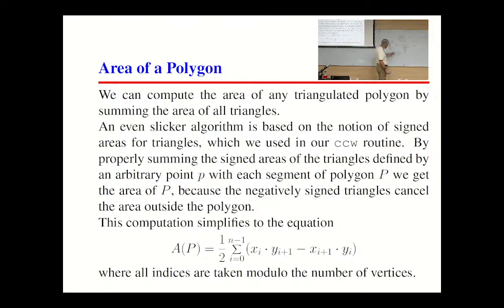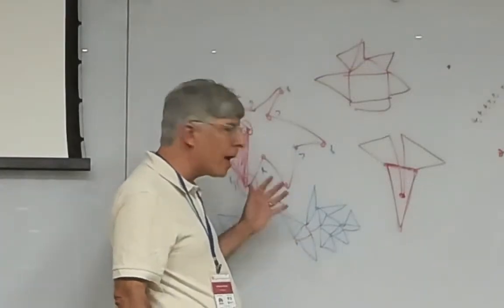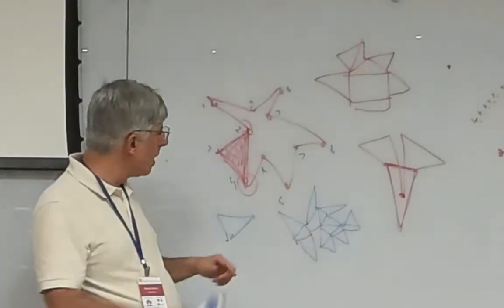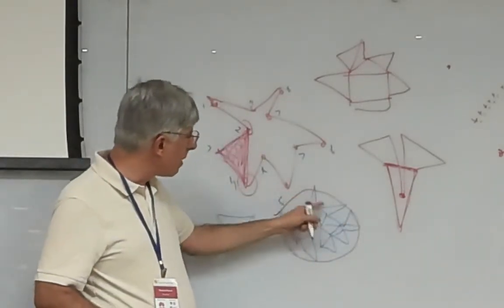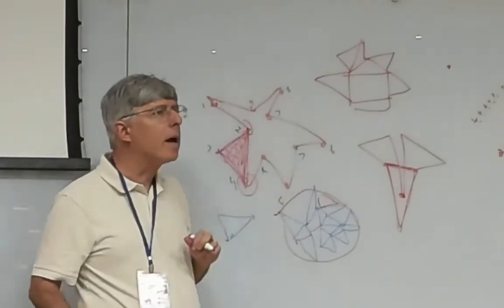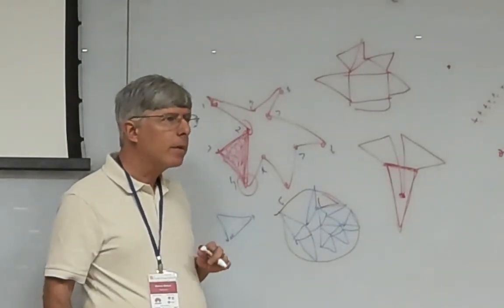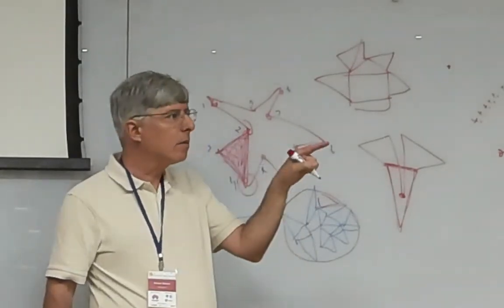But to me, the simpler way to do it is to triangulate it and just add the absolute areas inside, rather than take the convex hull and use the signed areas to subtract off what isn't there. Okay? Any questions about that?